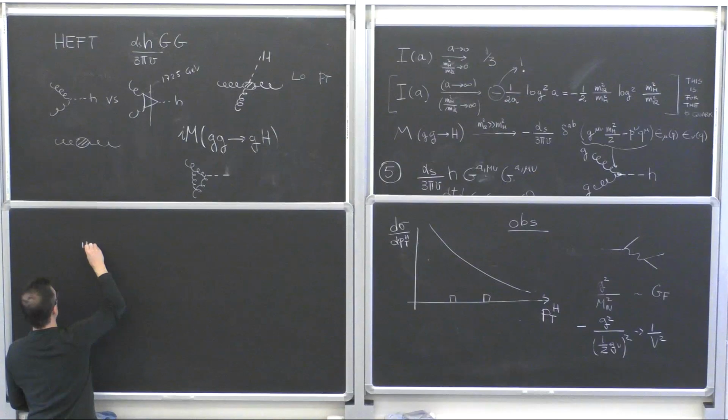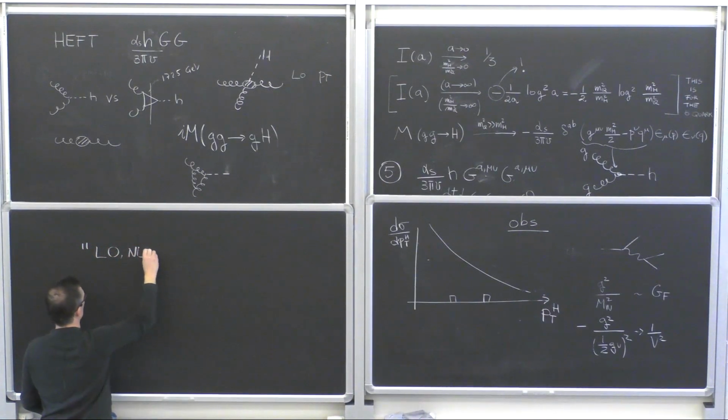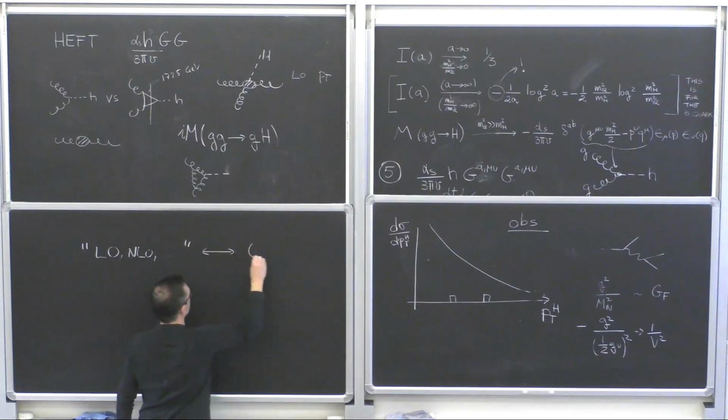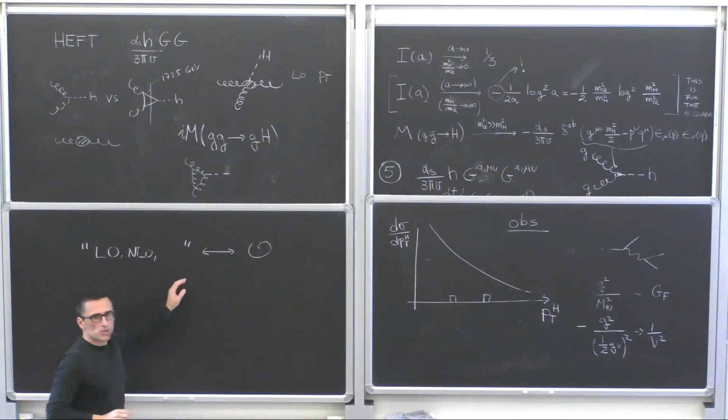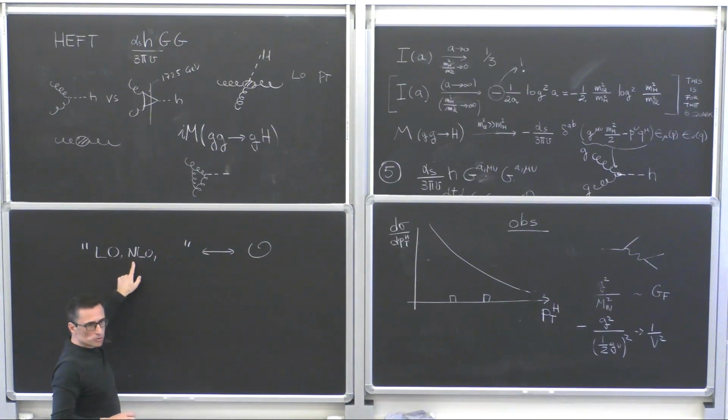The adjective leading order or next to leading order or whatever is associated to an observable. So when someone says, I made a calculation for the X at next to leading order, it doesn't mean anything. Because you have to tell me which observable you calculated in which order. Okay?